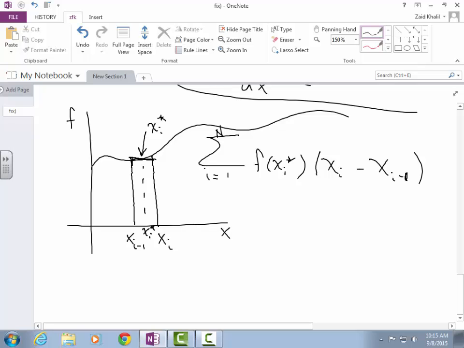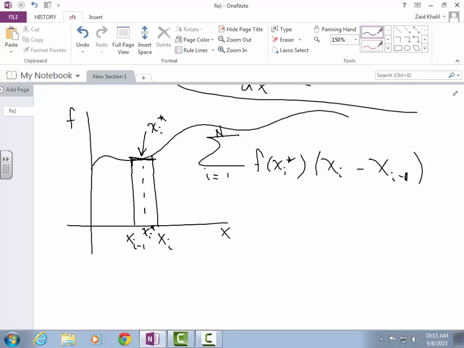And then how would I actually get the area under the curve? What will I have to do? I'd have to minimize the width of the rectangles.